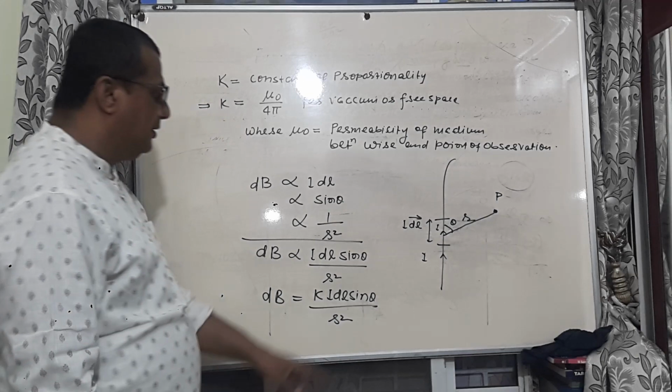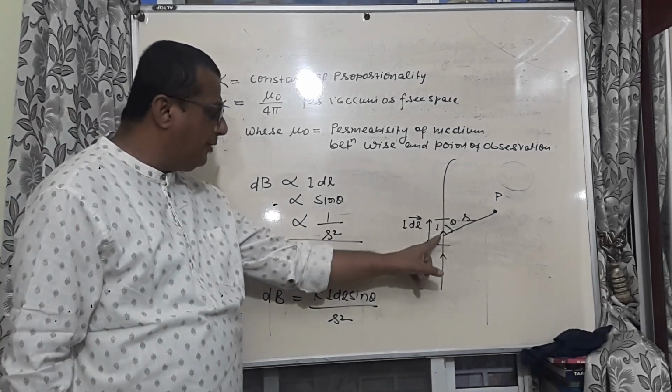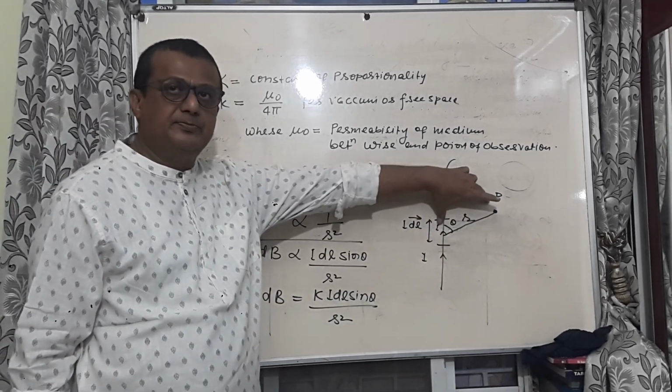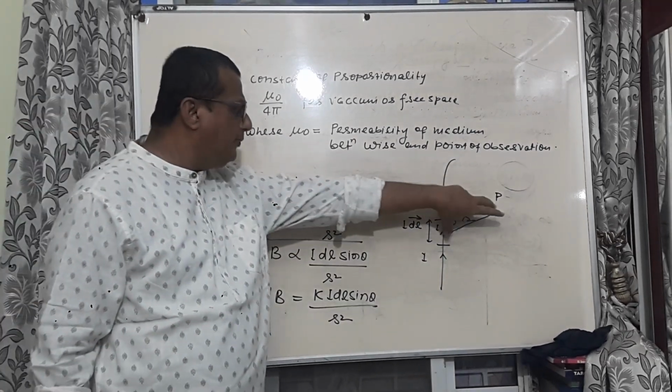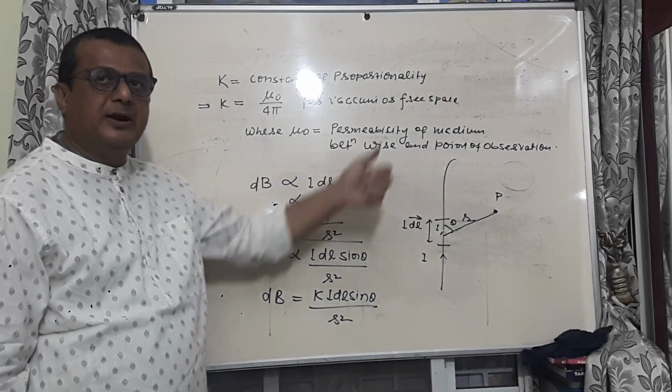This is the point of observation and this is the wire. Here some medium is present. That medium property is called mu naught, that is permeability of the medium.